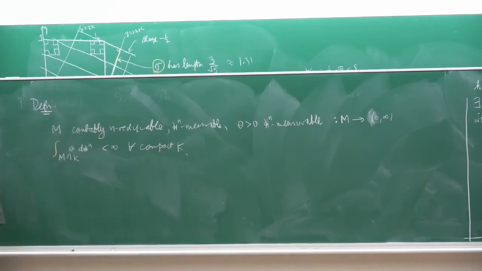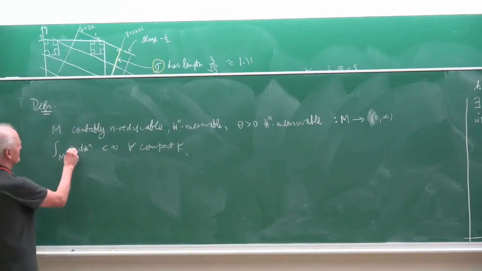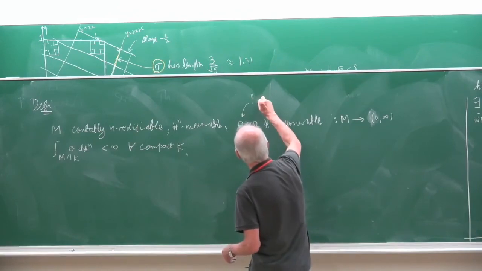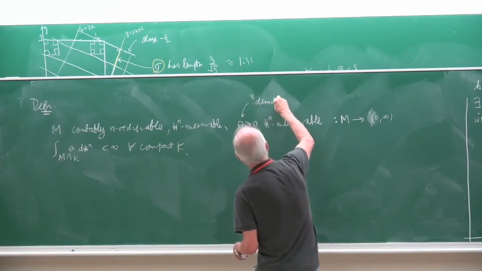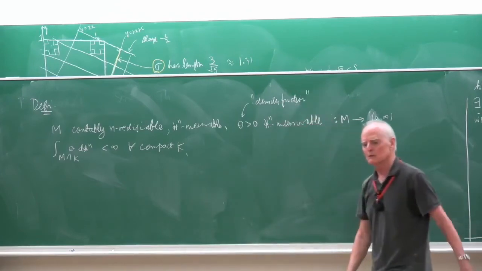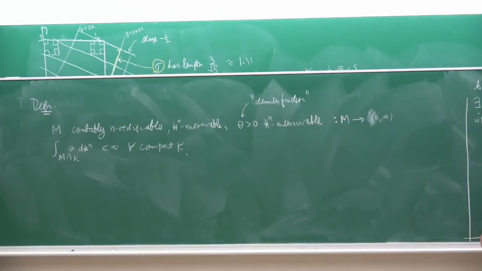You shouldn't worry too much about this. Theta is going to be called a density function. You should definitely think of it as being positive integer valued. That's by far the most important case, right?